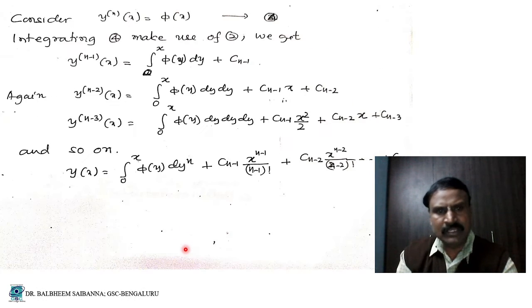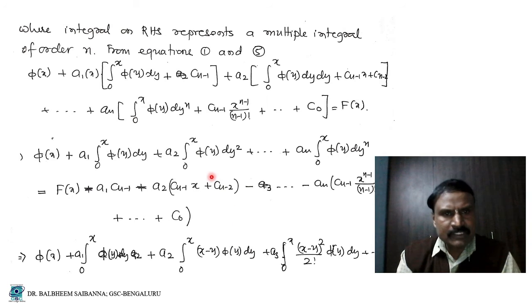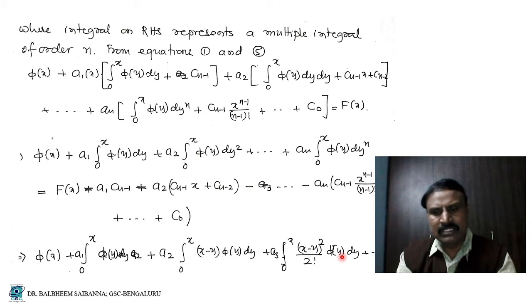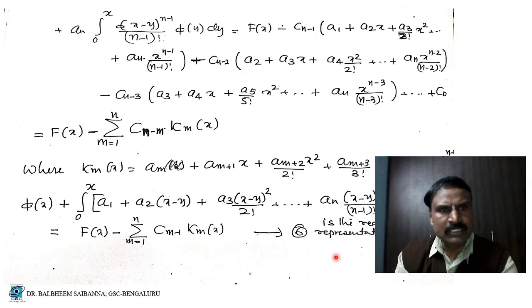Using this formula we are writing this value. What value? a2 integral 0 to x of phi of y dy square is x minus y phi of y dy, plus a3 integral 0 to x, n is equal to 3. Again using the same previous example, x minus y whole square by 2 factorial phi of y dy plus and so on. Continue like this.